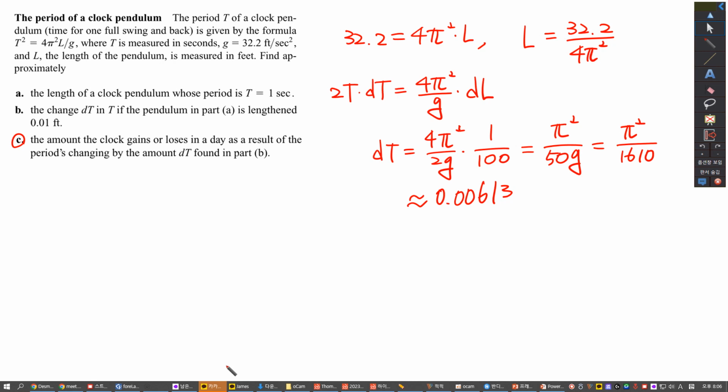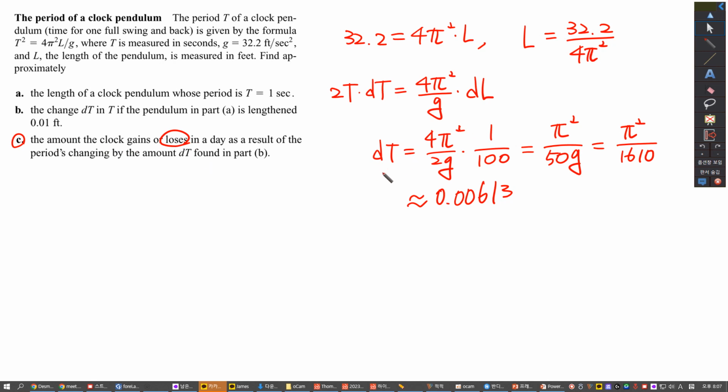When the clock slows down, it'll be about 150, right? I mean, because it's slow. If the correct time is 2 p.m., so it loses a day, and we want to find the amount, how much it loses in a day.